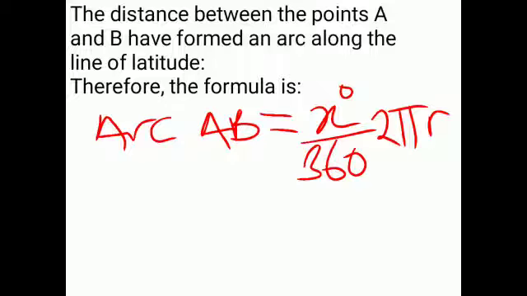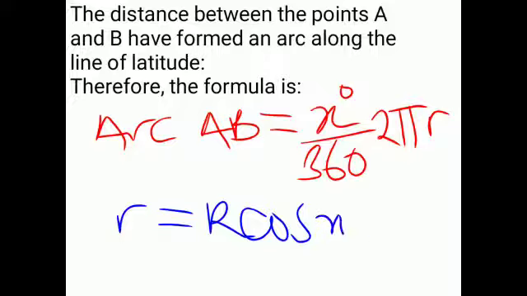Remember, for the circles formed by the parallel latitudes, the radius is found by r is equal to R cos x degrees.